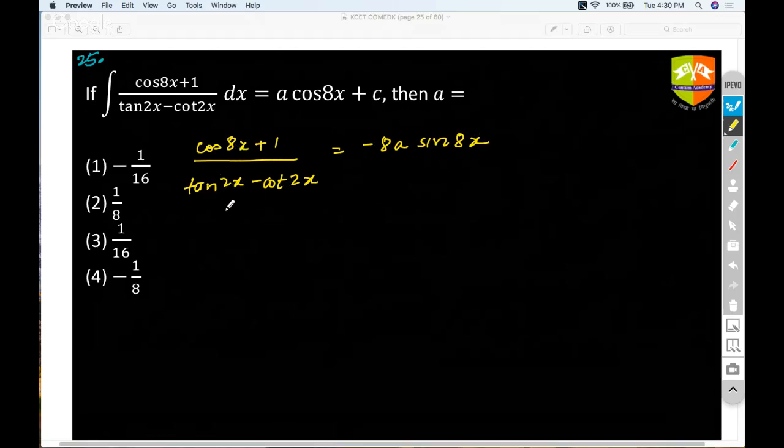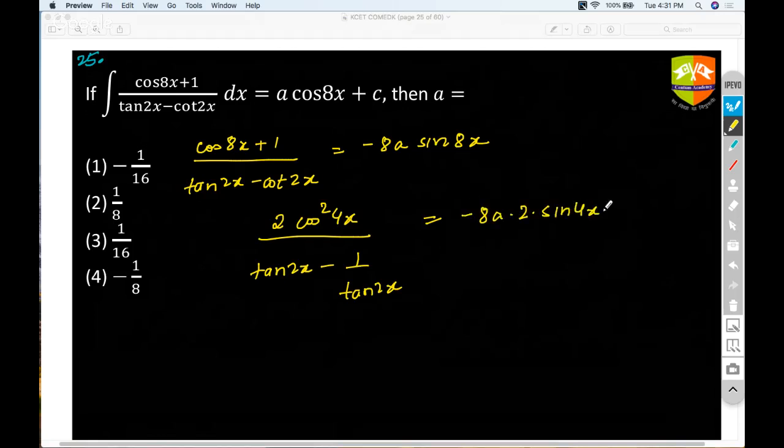Let's use some shorter tricks. Cos 8x plus 1 is going to be 2 cos square 4x. And here I'll get tan 2x minus 1 by tan 2x. And this side also I can write as 8 times 2 sine 4x cos 4x. So cos 4x and 1 cos 4x will be gone.